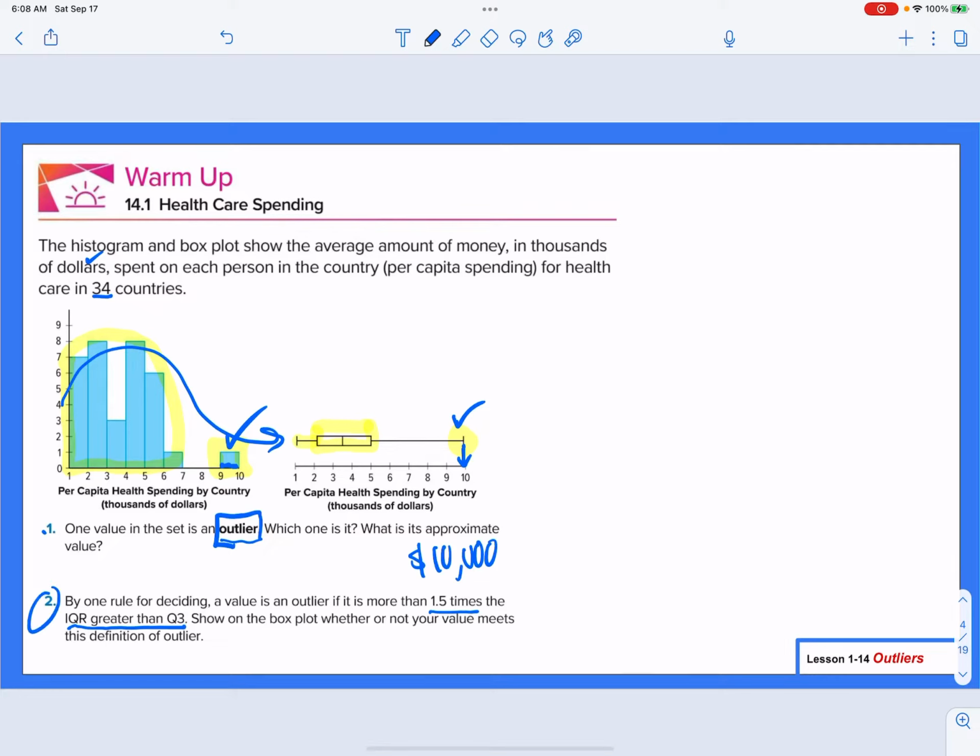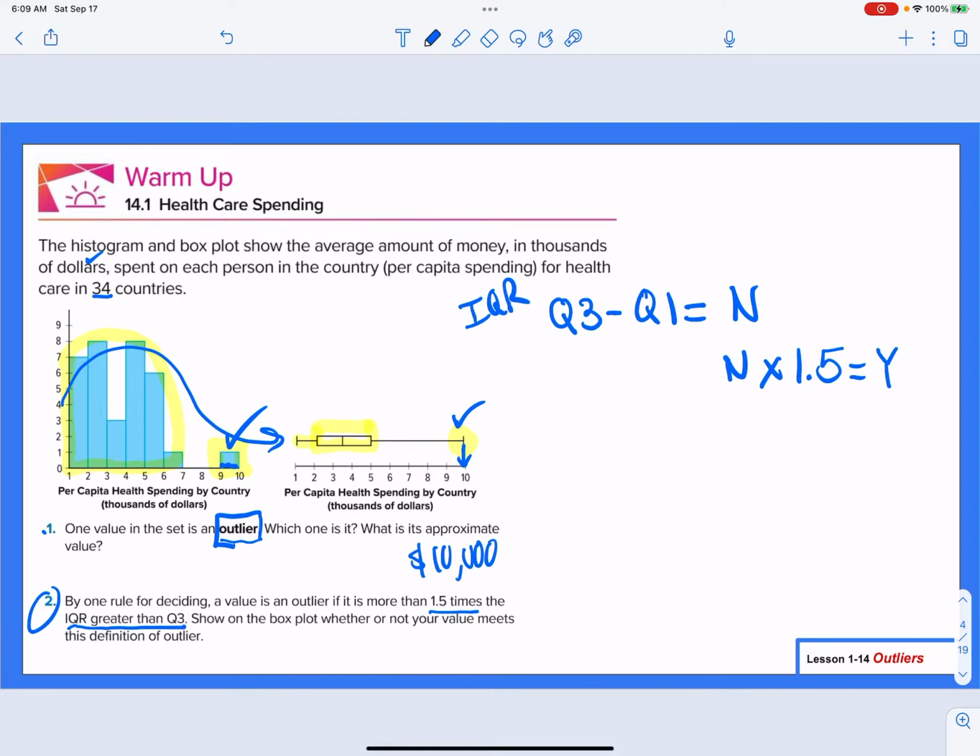If I find my IQR, which is Q3 minus Q1, when I find out what that value is, we'll call that number n. Then I take that number n and multiply it by 1.5. That's going to give me a new number, let's call it y. Just making up letters here.